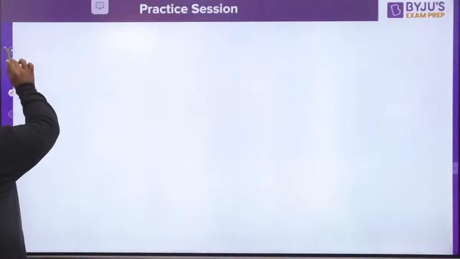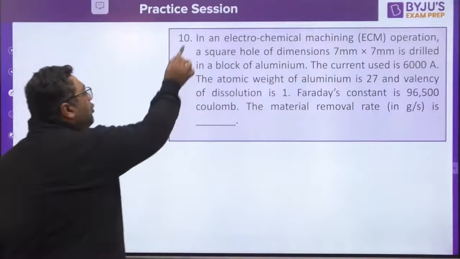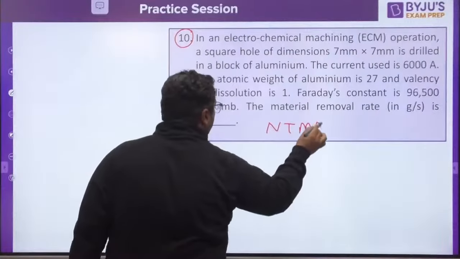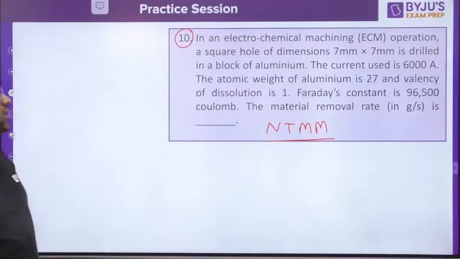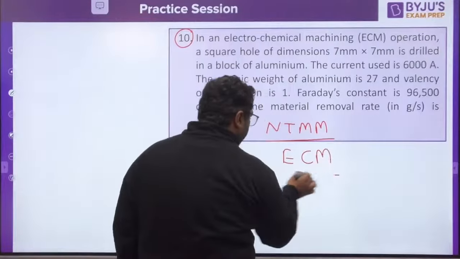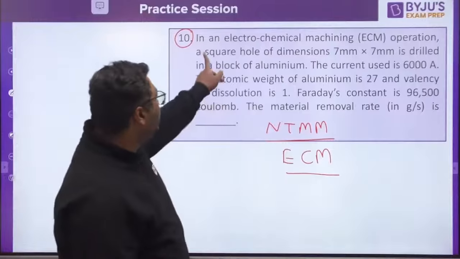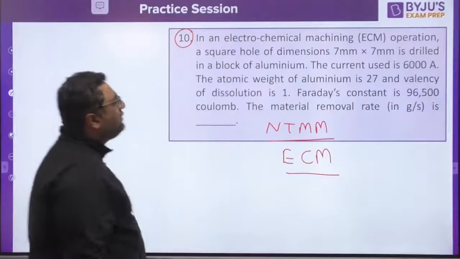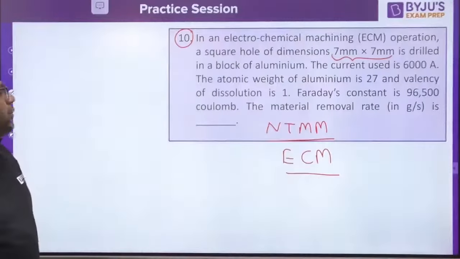Great. Second question. This time the question is from non-traditional machining methods, or you can say non-conventional machining methods. This is a numerical from electrochemical machining, ECM. In an electrochemical machining operation, a square hole of dimensions 7 cross 7 is drilled in a block of aluminium.